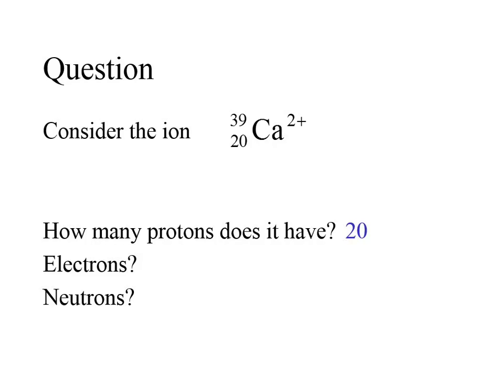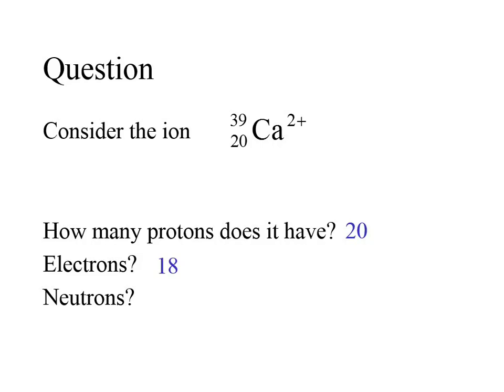Very good. Has it gained electrons or lost electrons with a +2 charge? Yes, +2 charge, it lost them. It's positively charged twice, so it lost 2 electrons. So instead of being neutral with 20 electrons, how many electrons does it have? 18.